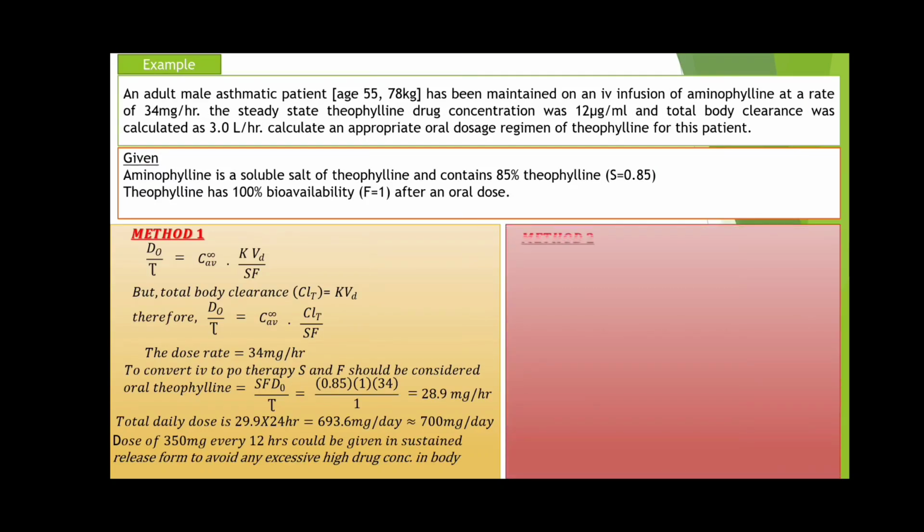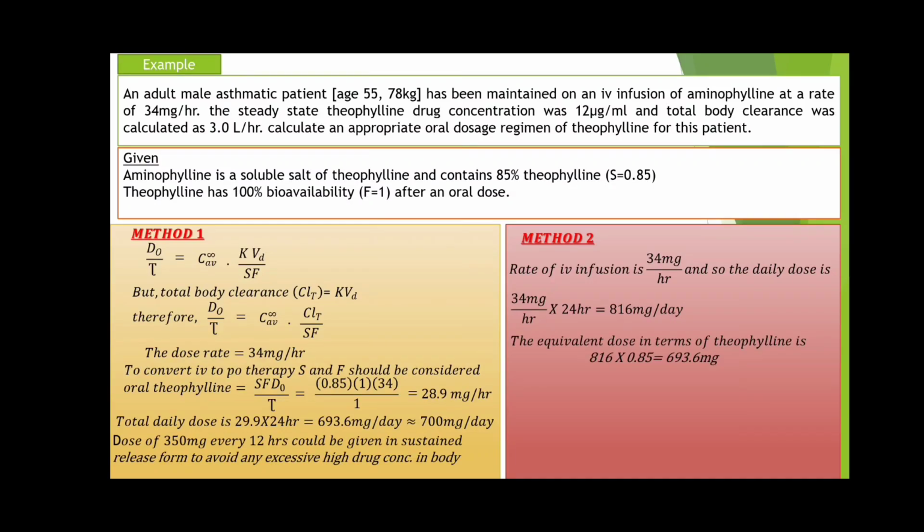Now we'll check out the second method. So the rate of intravenous infusion is 34 mg per hour, and so the daily dose is 34 mg per hour into 24 hours, for which we get 816 mg per day. So the equivalent dose, we should calculate in terms of theophylline.